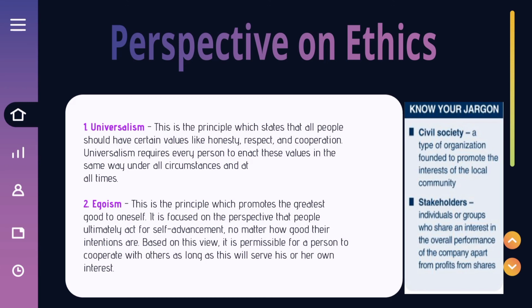First is universalism. This is the principle which states that all people should have certain values like honesty, respect, and cooperation. Universalism requires every person to enact these values in the same way under all circumstances and at all times.